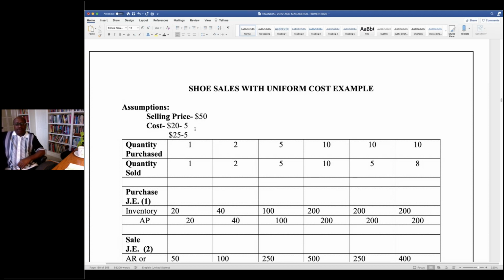What are we going to do now? Well, we gotta know which ones that we sold. We can't just guess that, can we? If we had a car and we were buying a car, we would have an invoice for each car. And we would specifically identify what's being sold.